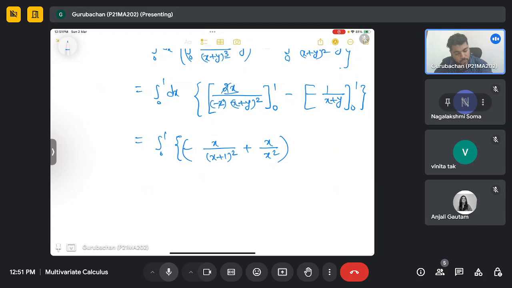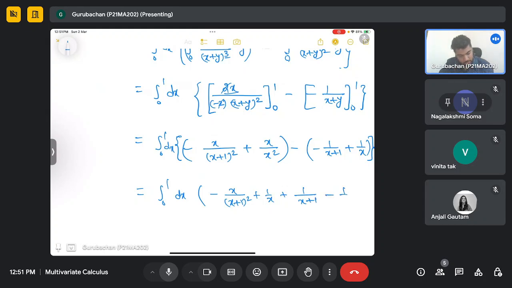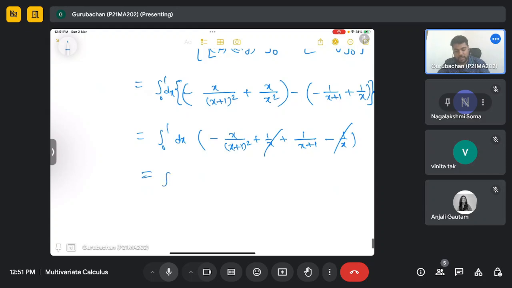This will be first value minus, when we put 1, minus 1 by (x plus 1) plus 1 by x. So which will give us very simply, this is minus x by (x plus 1) whole square plus 1 by x, minus minus will plus 1 by (x plus 1) minus 1 by x. So this will cancel out. So we have made that mistake, and because of that, that integration will become very tough.